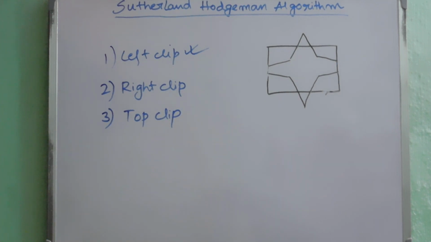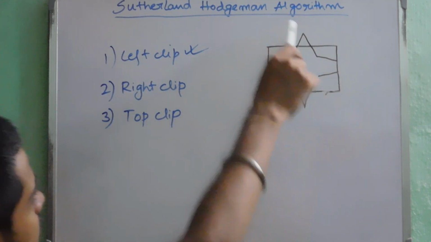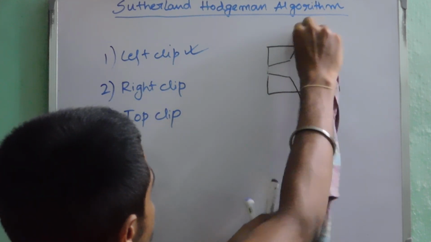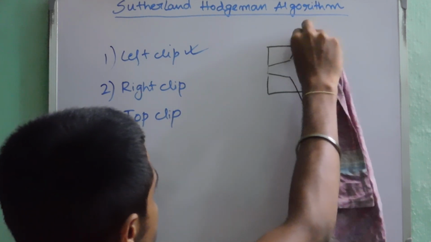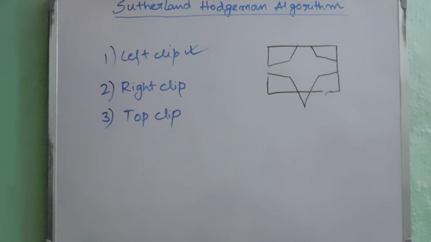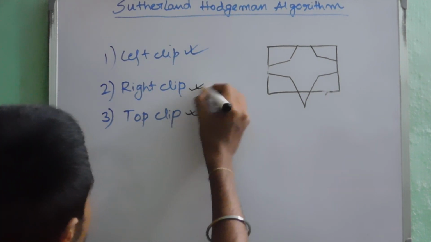So this is fed as the input for the top clip. Top clip is removal of the portion of the polygon that is outside the top boundary of the window. So top clipping is done.